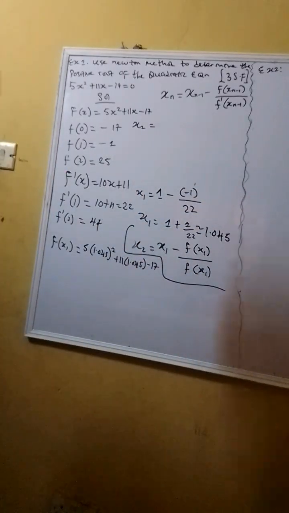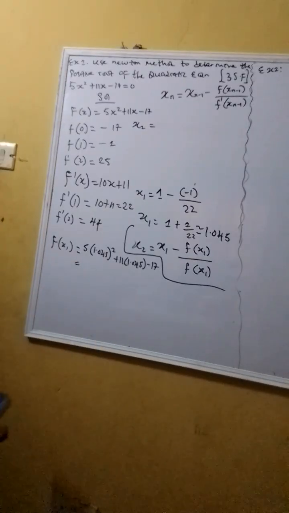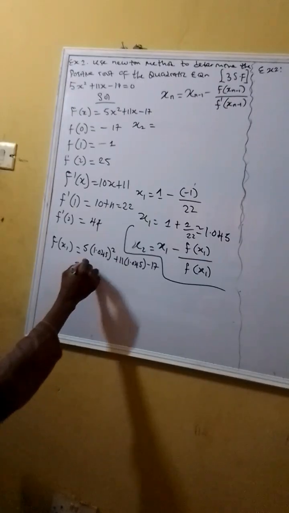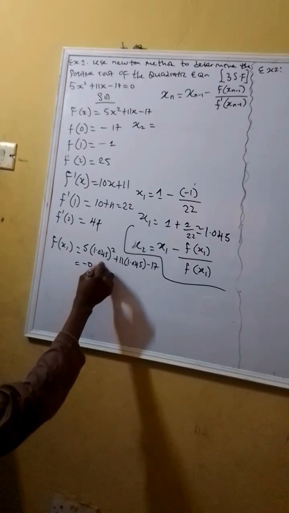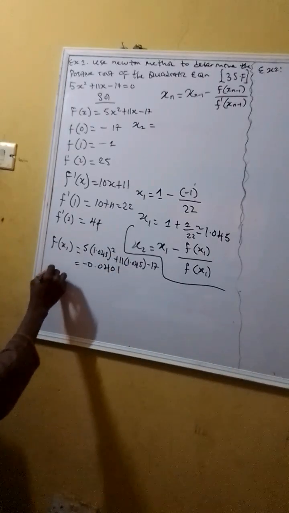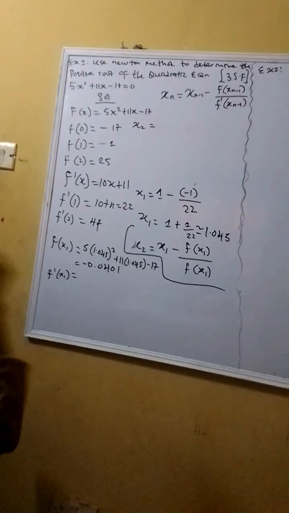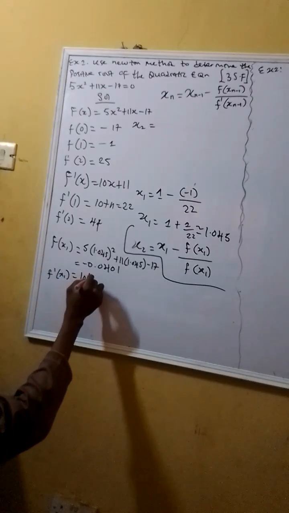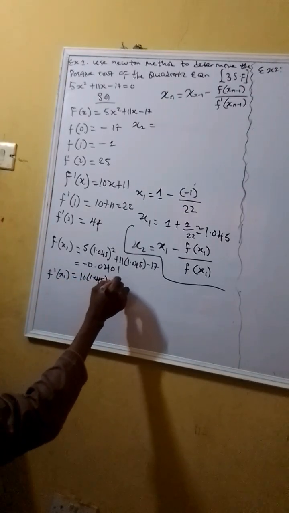Minus 17. So from the other aspect, this should give us 5 times the bracket squared, then plus 11 into bracket 1.045, then minus 17. That gives us a negative 0.0401. So the function of x1 differentiated would be just 10 into bracket 1.045 plus 11.